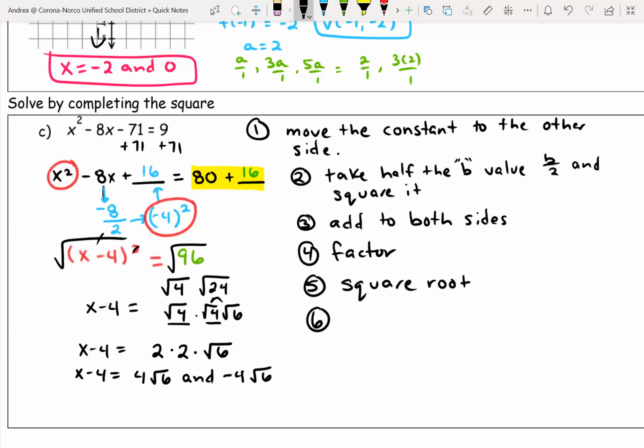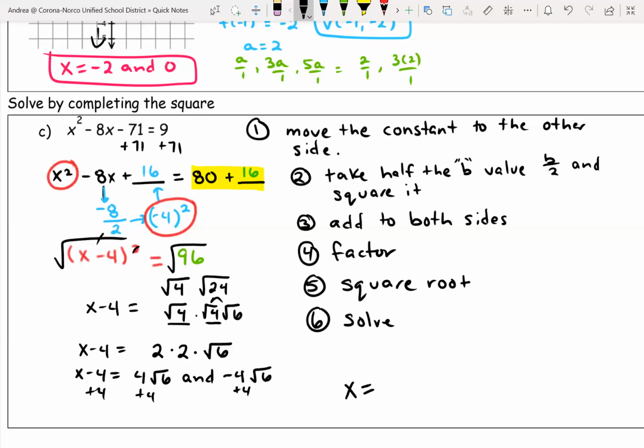Okay, now we're just solving. I add 4 to both sides. And I'm going to get x equals. Are 4 and negative 4 square root 6 the same thing? No. We're not going to add them because they're not like terms. They would both have to have a radical 6 for me to be able to combine them.